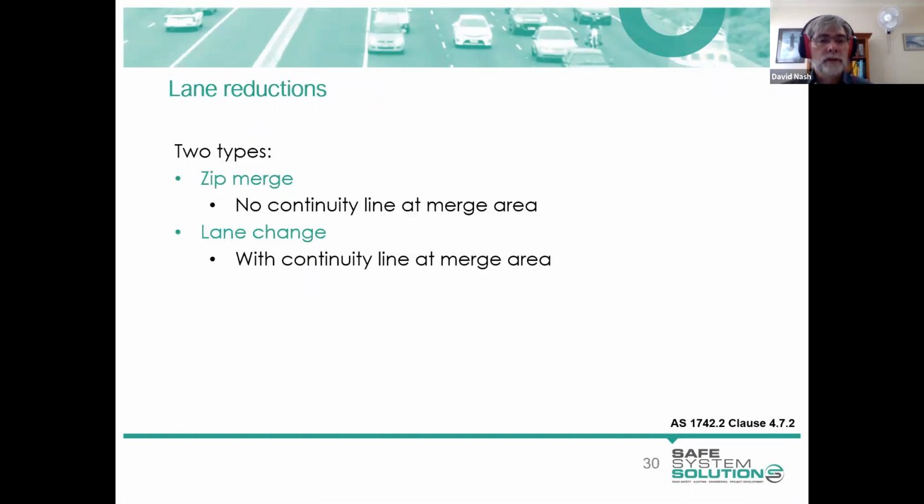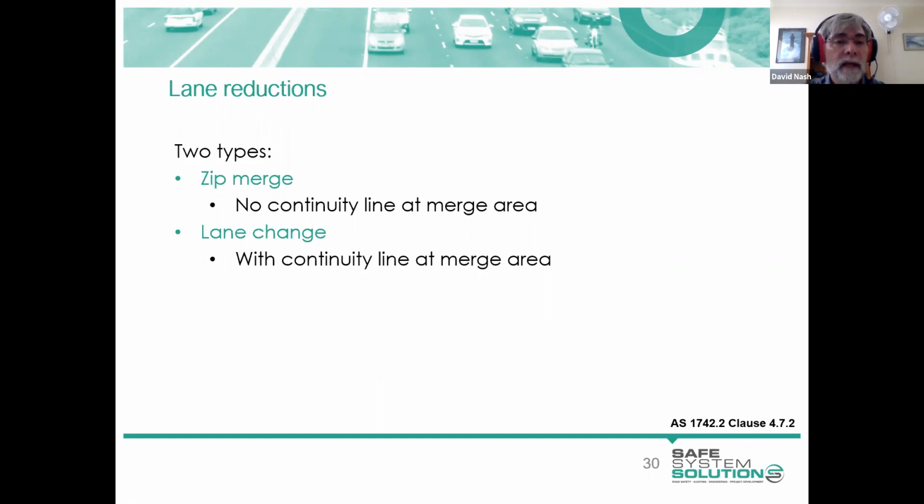Okay, lane reductions. So there's two types of lane reductions, which are generally called a zip merge, which is a nice sort of terminology, or a lane change. So a zip merge is where there's no continuity line through the merge area. So basically you have a lane line separating the two lanes and then the lane line just finishes.